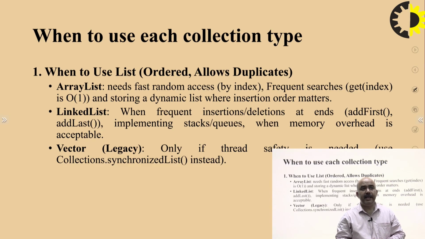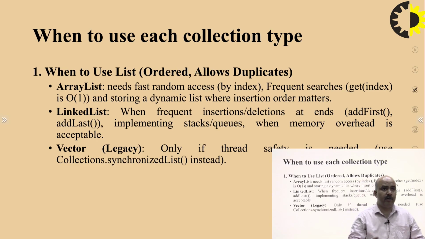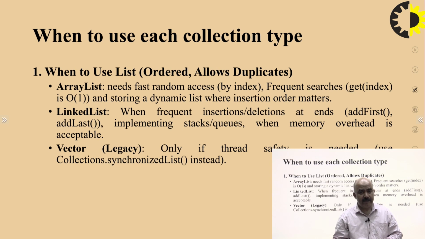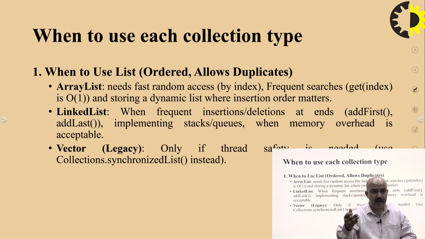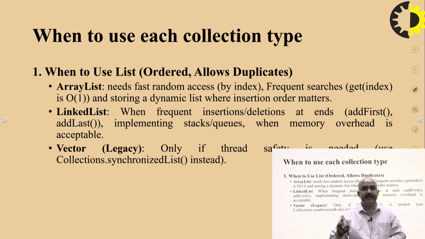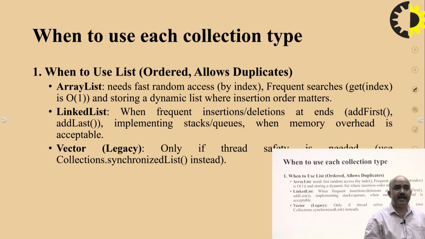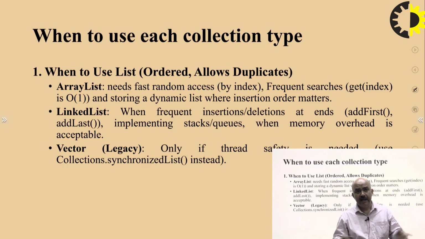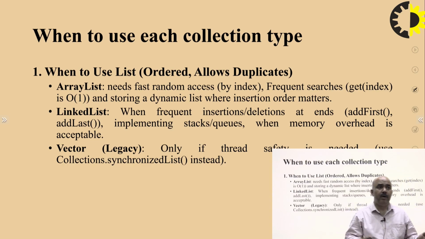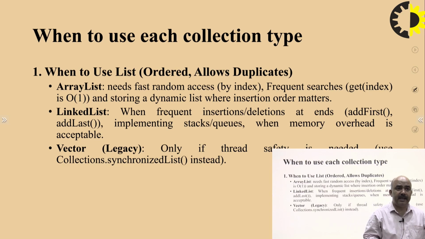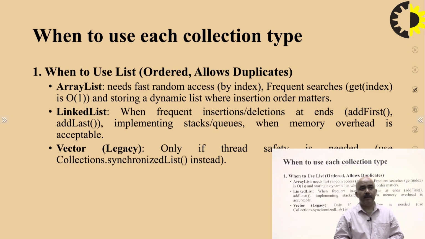When to use the List: as I told, where order matters, in which the values came, and it also allows duplicate values, then we use the List. Use ArrayList when you need fast random access, which we already discussed, frequent searching, and storing a dynamic list where insertion order matters.